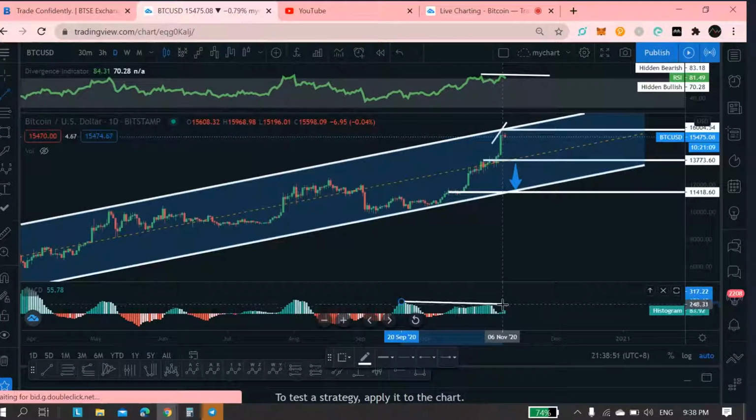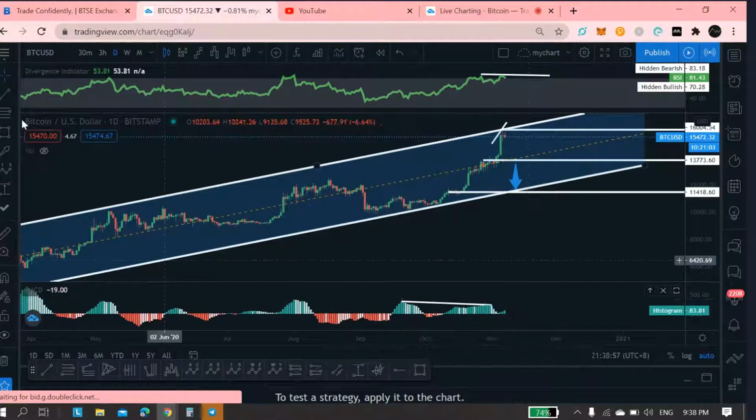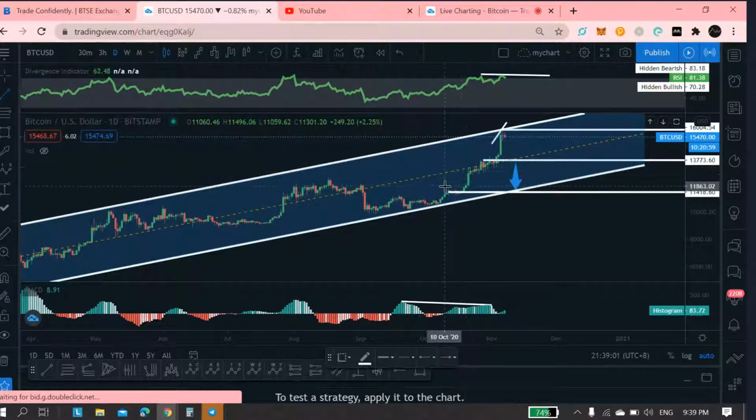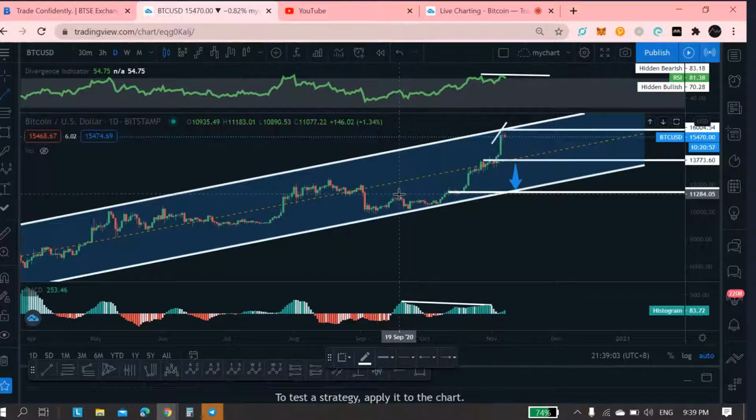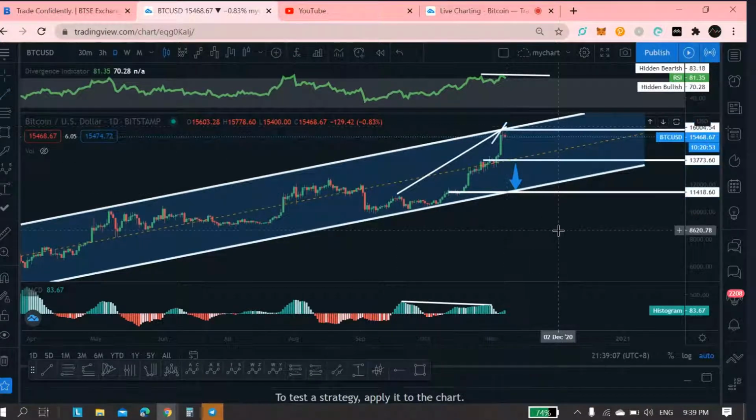So this is big to small. However, it's not yet finished. And this is going up. So there is a possible bearish divergence. So actually I will wait for it to close.